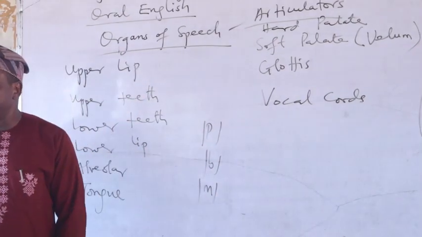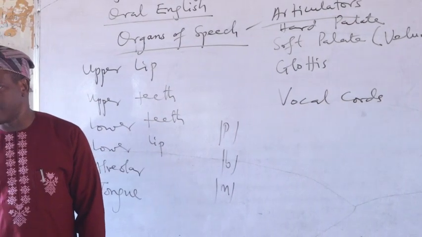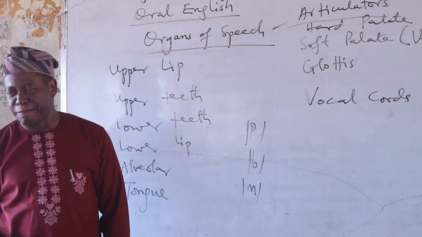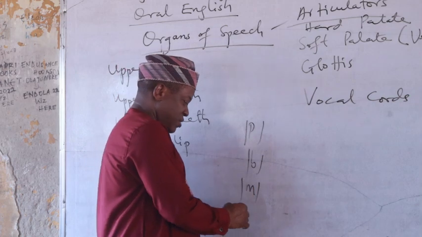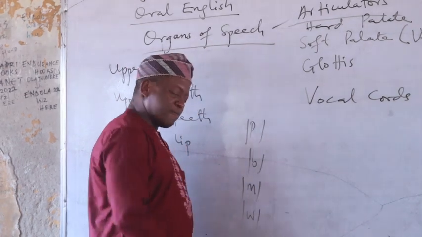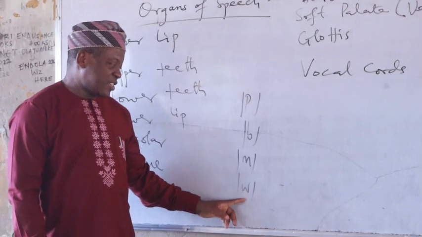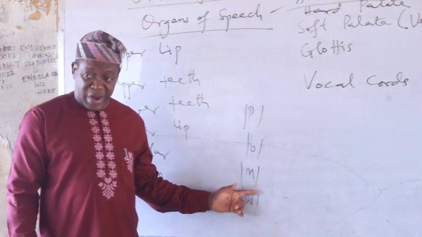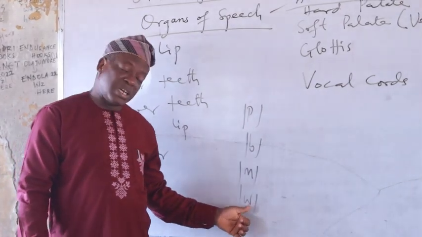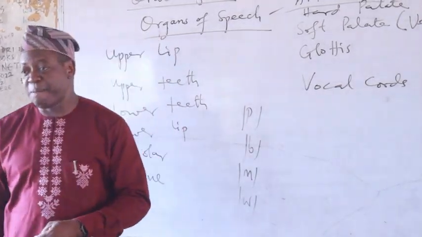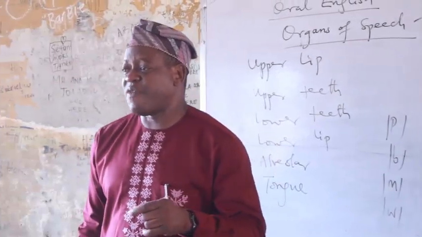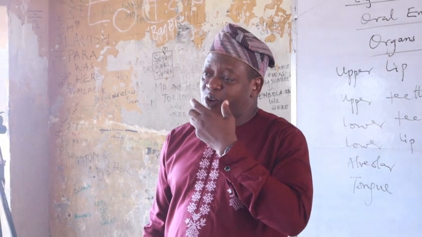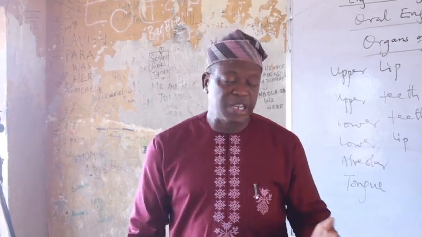M. Madness. Men. Method. Harm. That is m. Then w. But you want to see this as a bit away from them, right? It is because this one, though bilabial, the manner of articulation is semi-vowel. There's what we call lip rounding on this.